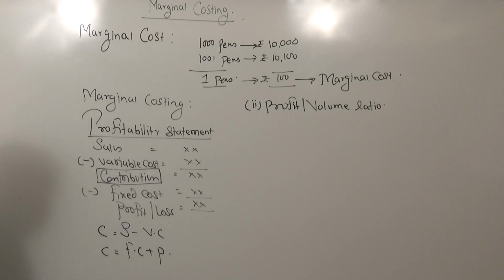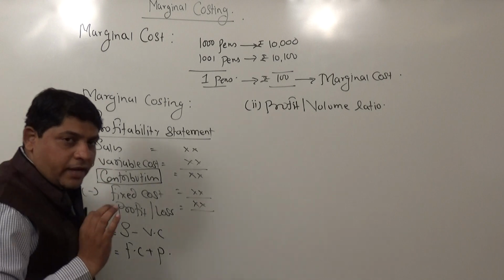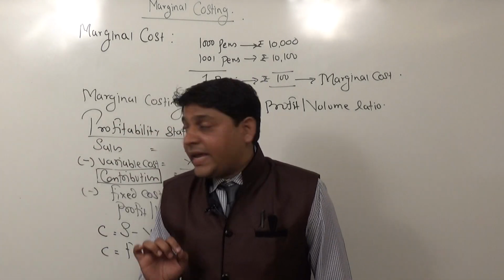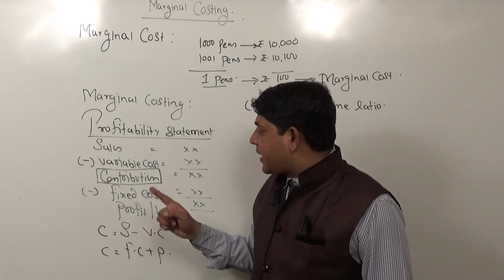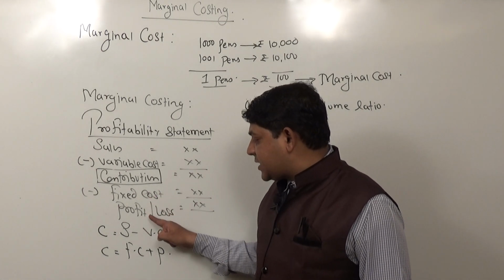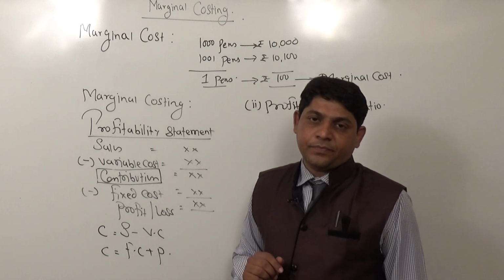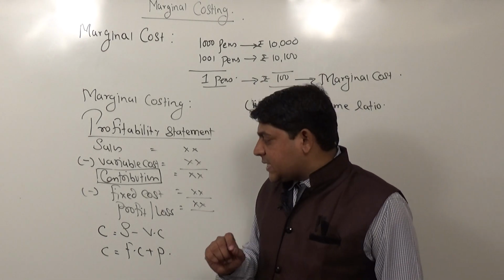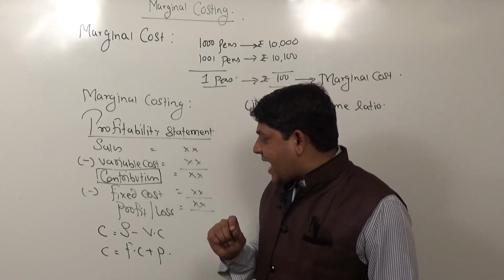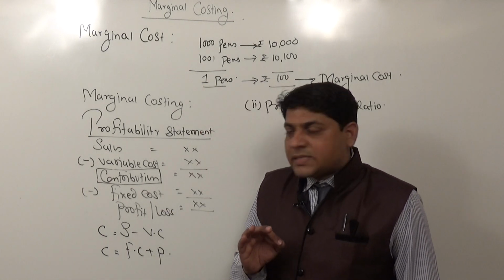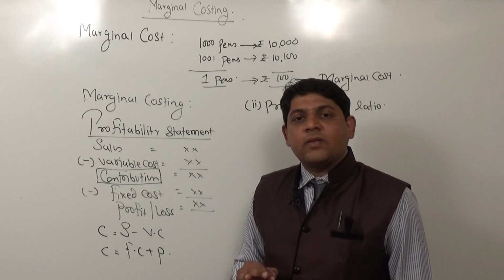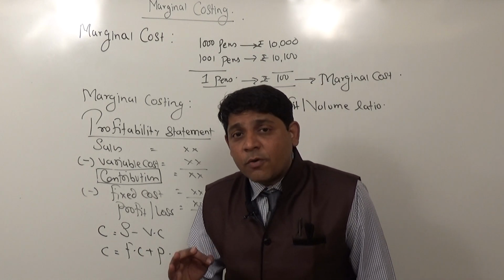In our business, if we increase the sales, then simultaneously, can I say contribution as well as profit will get increased. In our business, if sales will reduce, then simultaneously my contribution and profit will also reduce. It means sales is directly related with contribution with our profit.